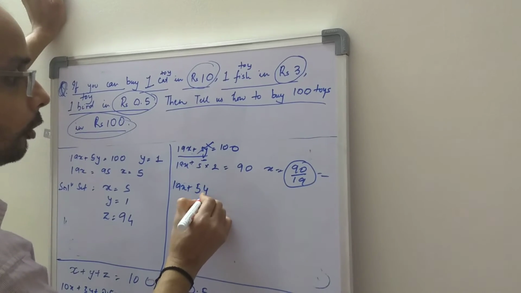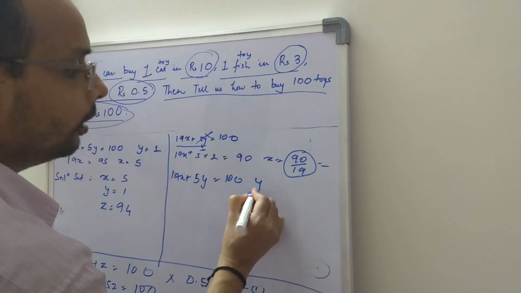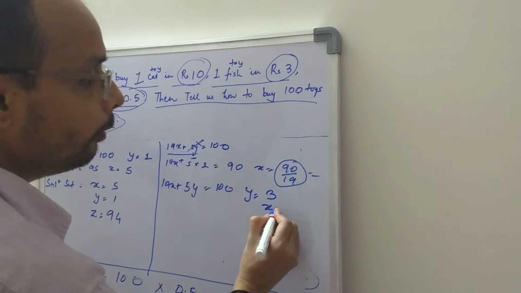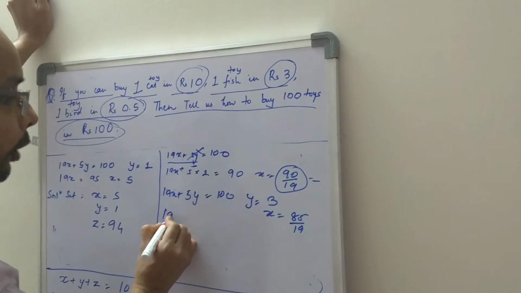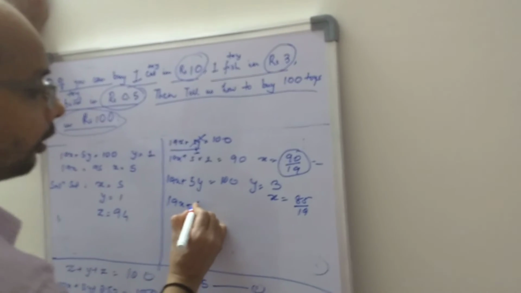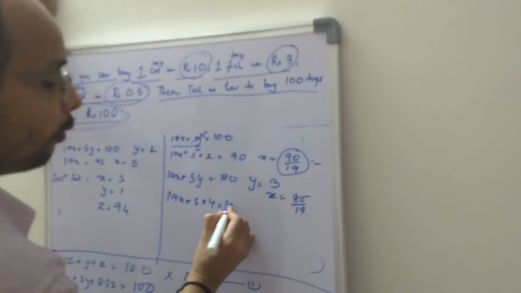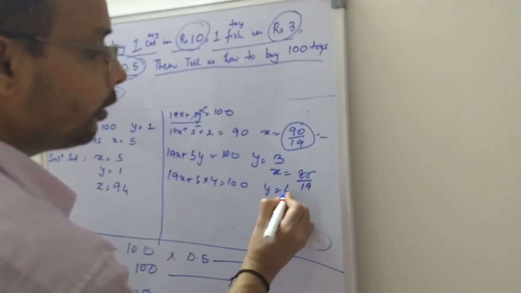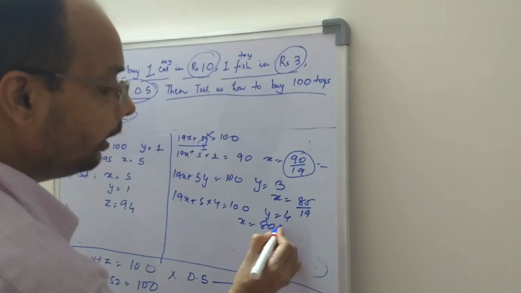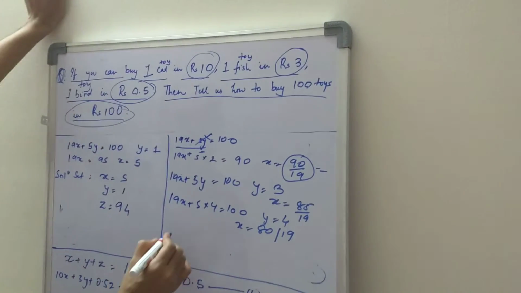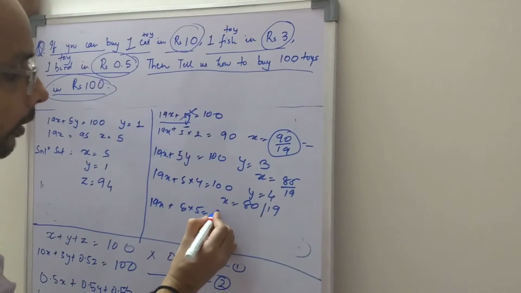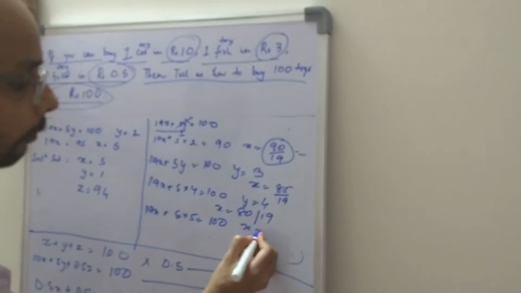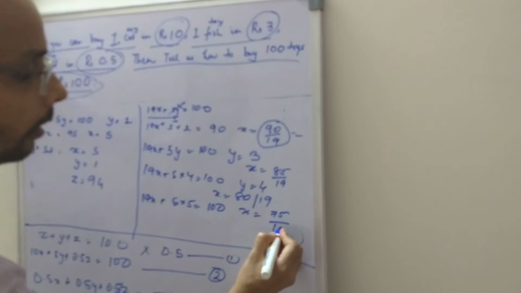If you substitute y is equal to 3, you'll again see x will become 85 by 19, which is again not a solution. Put y is equal to 4, then 19x becomes 80, not a solution. Put y is equal to 5, 19x becomes 75, so x is 75 by 19.